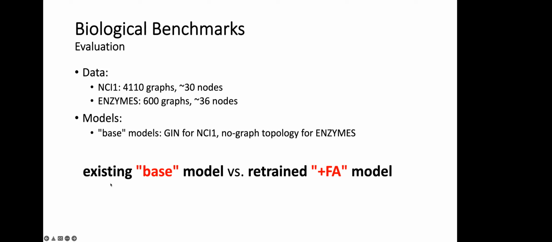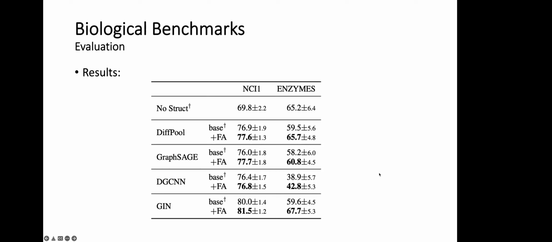So in this paper, they compare the performance between existing base models and their retrained model, which adds a fully adjacent layer. The results are shown here. For the NCI1 dataset, the GIN with a fully adjacent layer improves by 1.5% over the GIN base model, which was previously the best performing model.